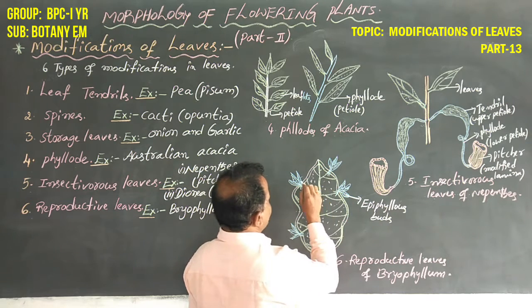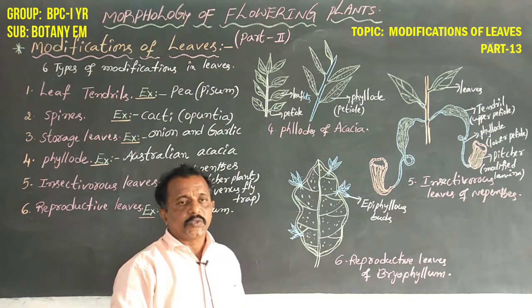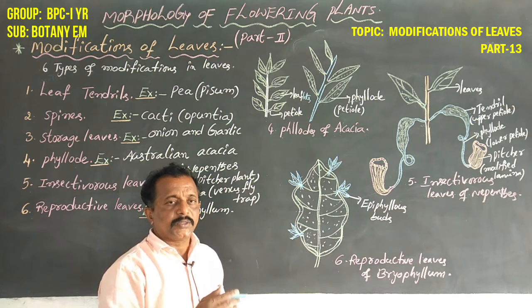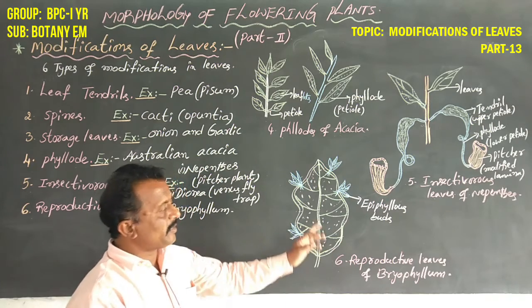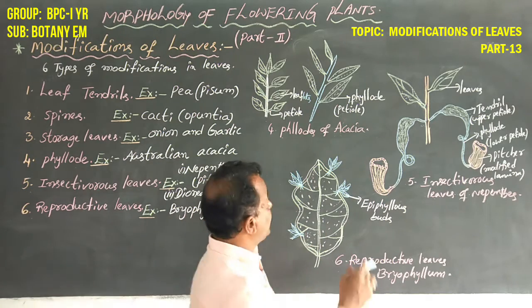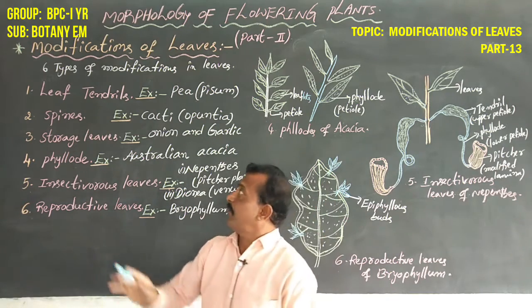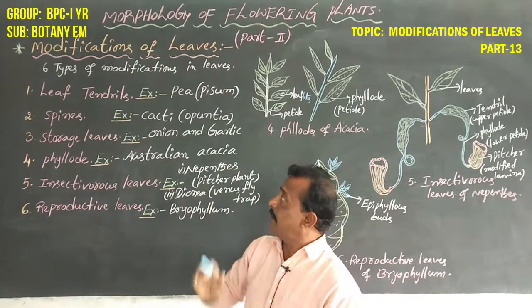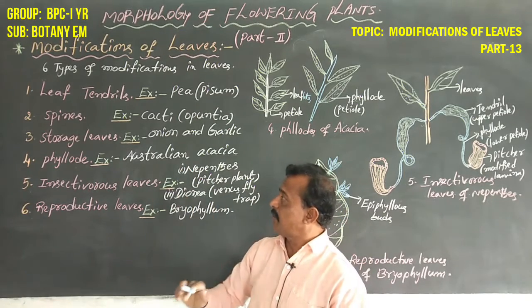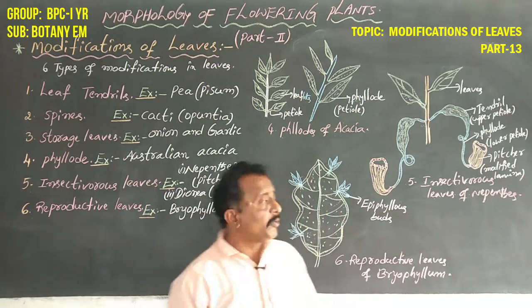These notches develop adventitious roots, which lead to the formation of epiphyllous buds. So these are leaf modifications. There are six types of modifications in leaves: leaf tendrils, spines, storage leaves, pillow, insectivorous leaves, and reproductive leaves.